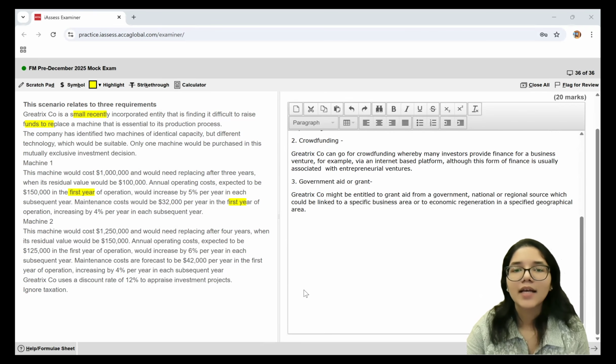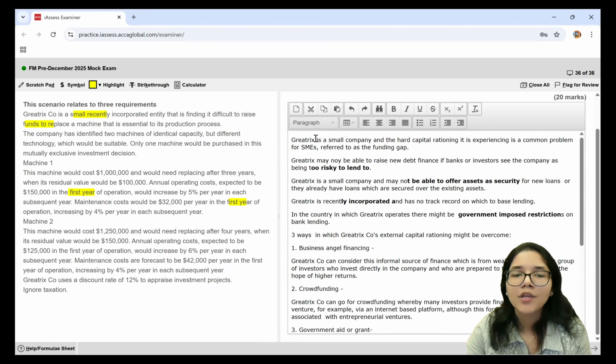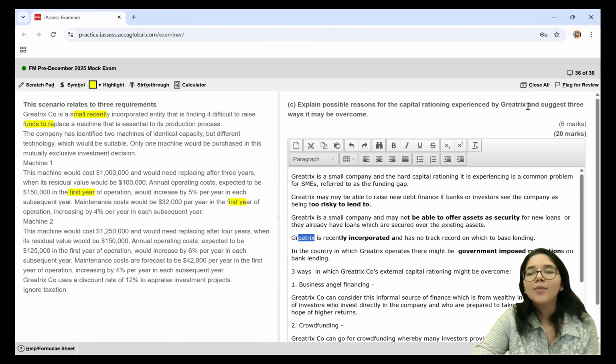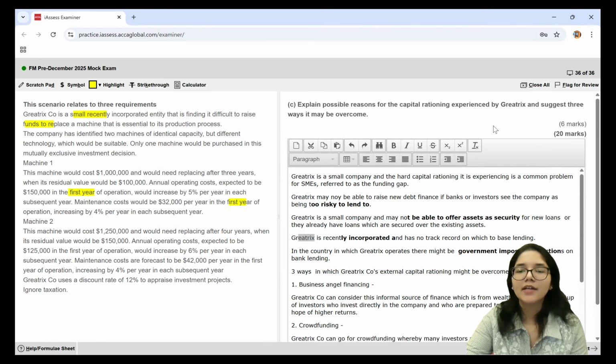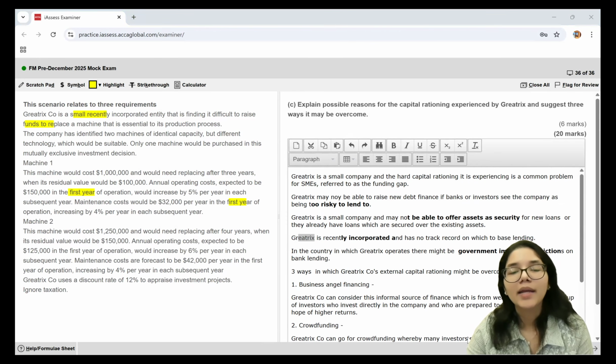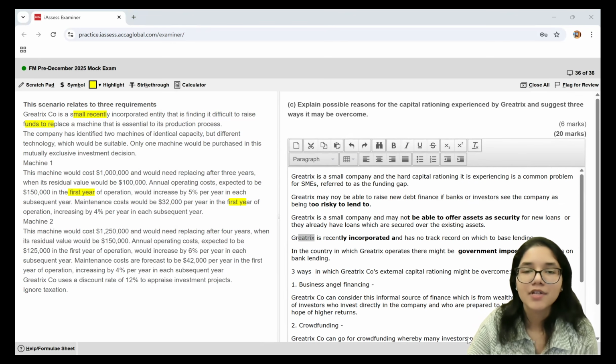Also notice one thing, guys, time and again you will see that in my answers I am using the name from the question, that's Greatrix, because the requirement uses the Greatrix name specifically, which tells me that the examiner is not looking for any general answers. They are looking for tailor-made answers which specifically suit the case study of Greatrix company.